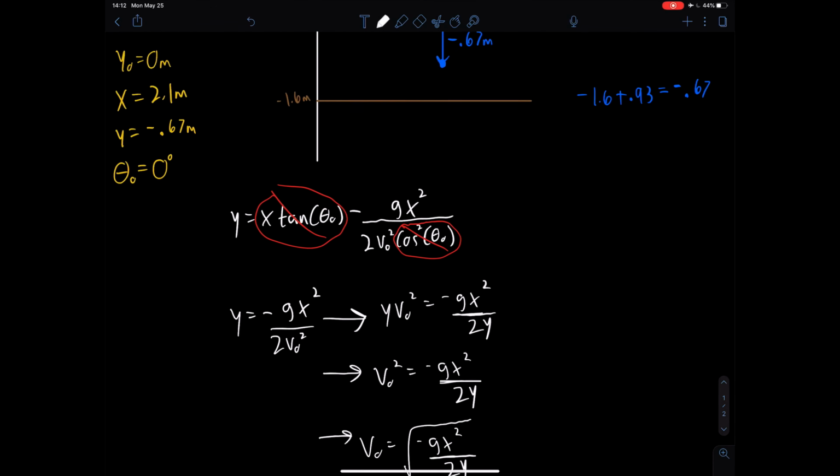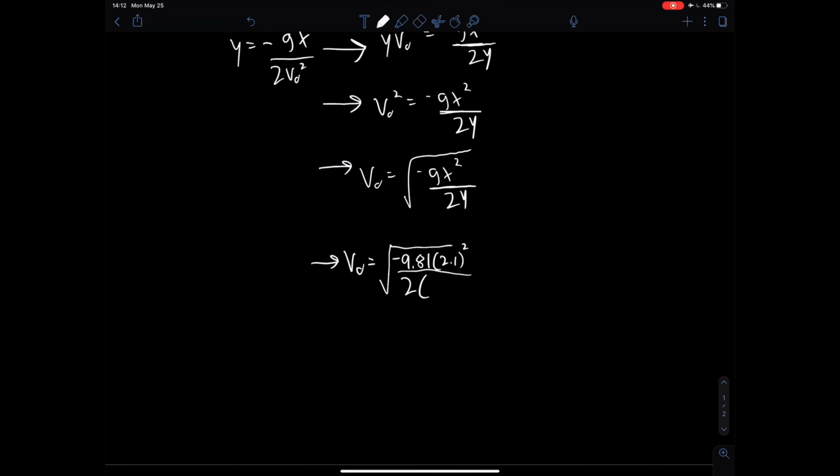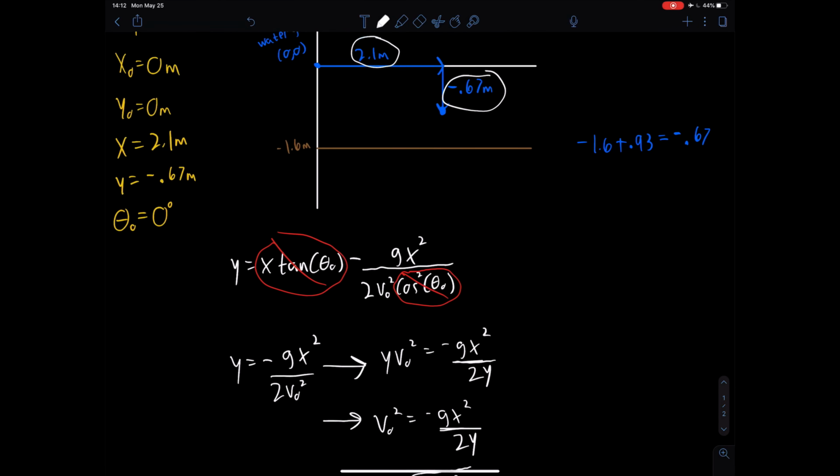Again, our final position in the y direction was negative 0.67 meters. If we type all that into a calculator, we get about 5.68 meters per second. So he shot the water gun and the water came out of the gun at 5.68 meters a second.